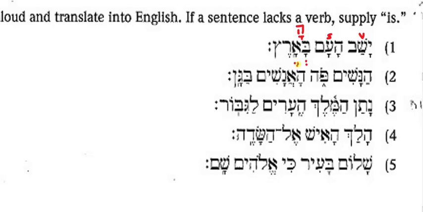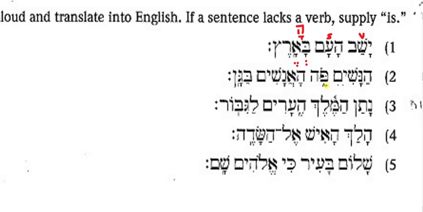Why does it have a kametz here? Because when you add the article to eretz, it becomes ha'aretz. So eretz by itself, ha'aretz, add the bet preposition to ha'aretz, and I get ba'aretz. So there's a couple of things to tell you that this is the definite form of land. And that's why you're right. You do have to translate this as in the land. All right, very good.